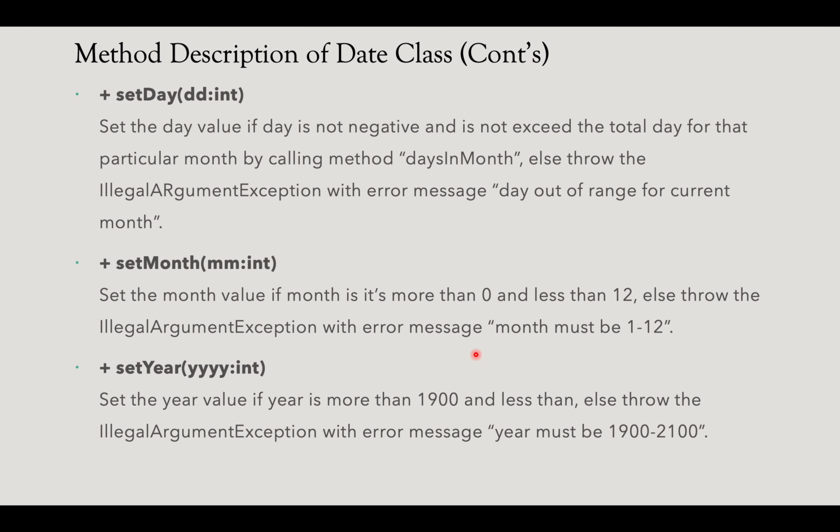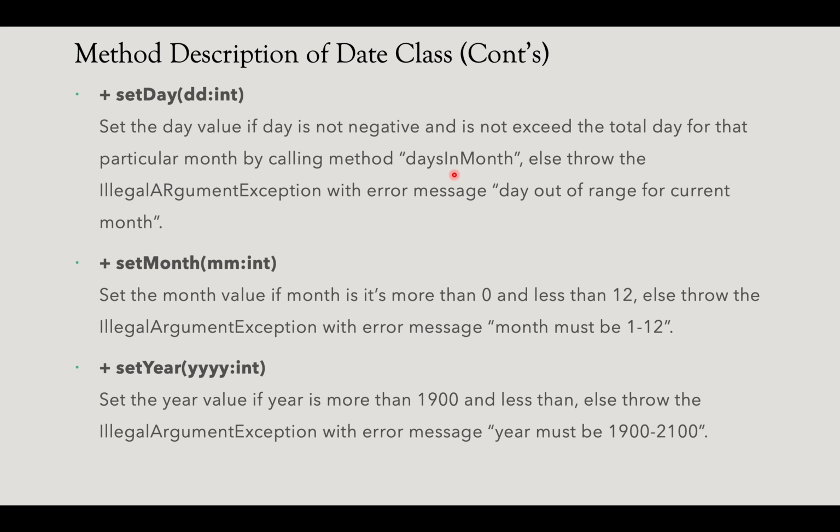Right, then we have the set methods. So the set day: we're going to set the day value if the day is not negative and does not exceed the total days for that particular month. So we're going to create another method called daysInMonth. This method will check whether the day entered is a negative value or exceeds the number of days in that month.